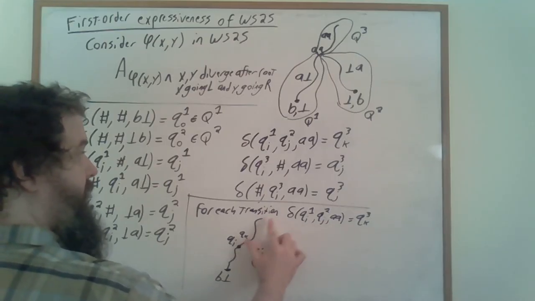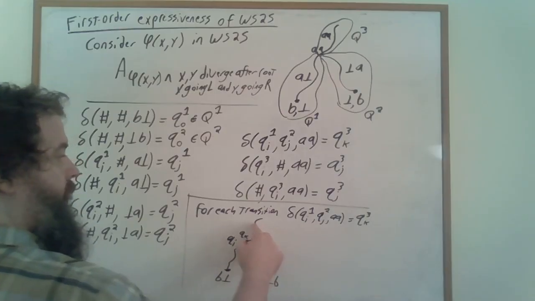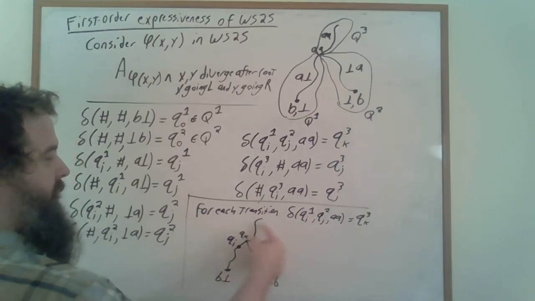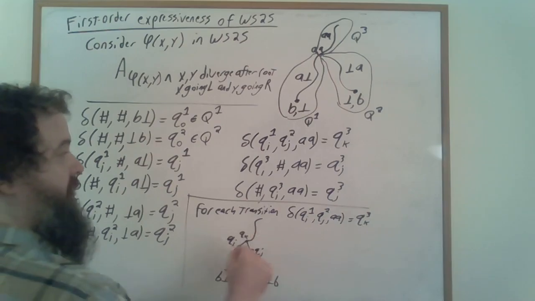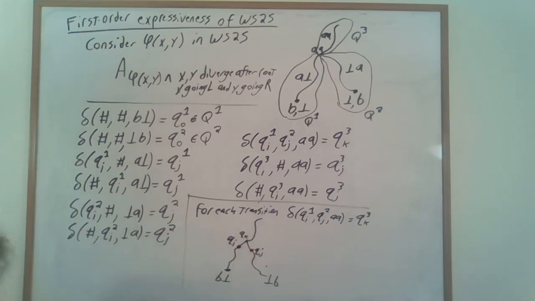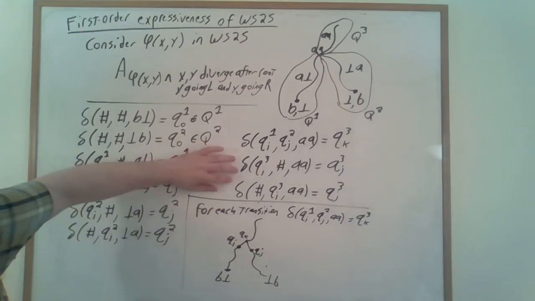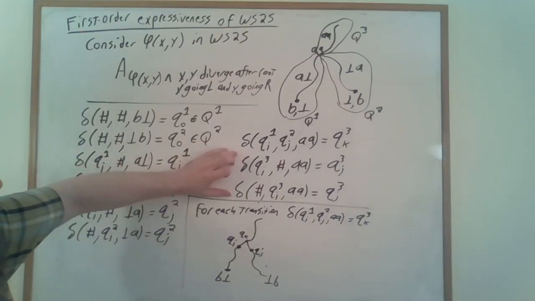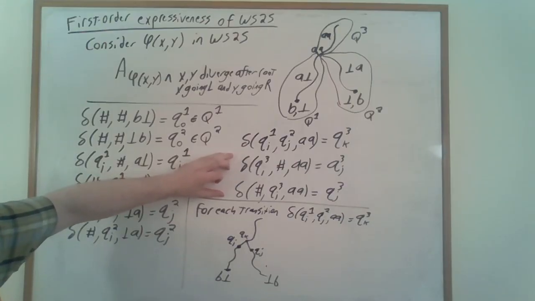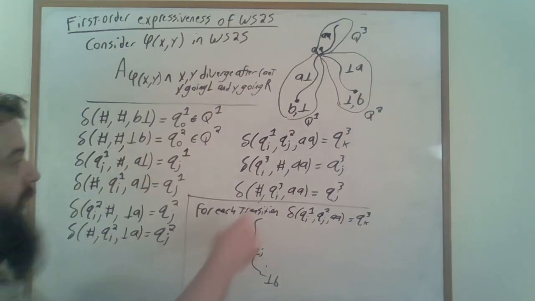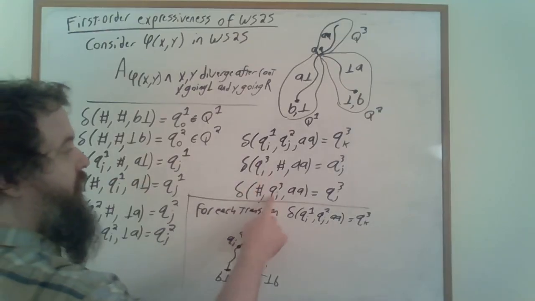But the interesting question is what sorts of branchings can show up here? What sorts of combinations of L's and R's? And just like we saw when we analyzed the first case, this pair of transitions here acts like an automaton that's reading not characters, but whether or not the branching goes left or right.